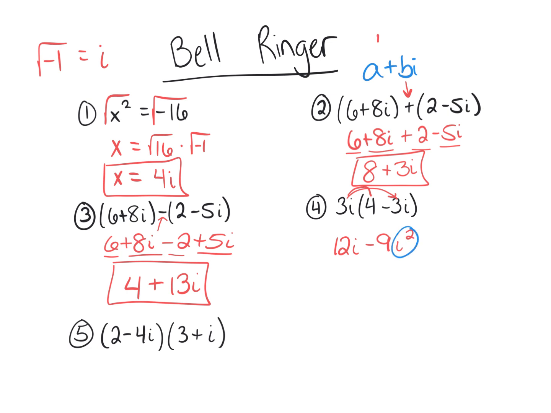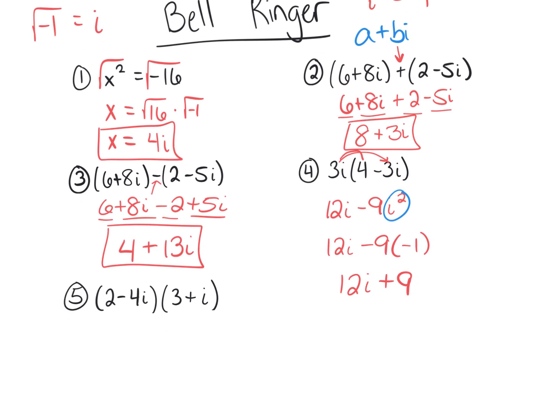What does i squared equal? Negative 1. So I'm plugging in a negative 1 for that i squared. So I have 12i minus 9 times negative 1. Well, what's 9 times negative 1? It would be positive 9. Am I done? Oh wait, no, switch the 2. Yep, we want an a plus bi form, so I need to rearrange.